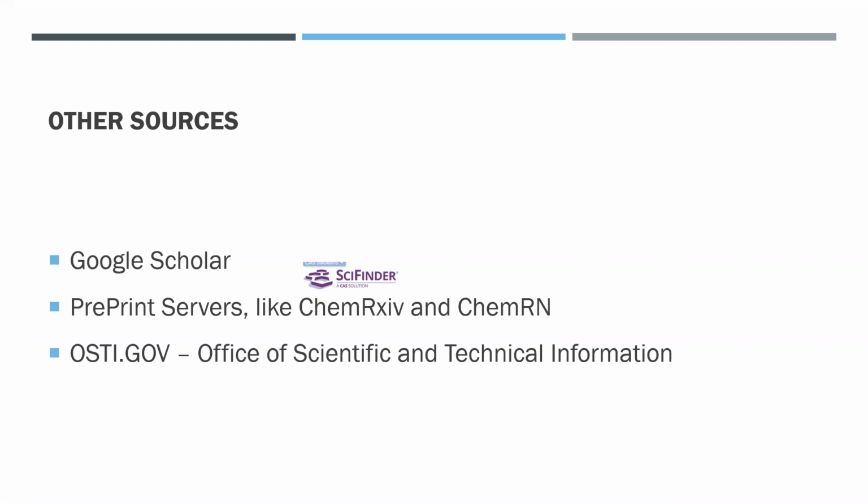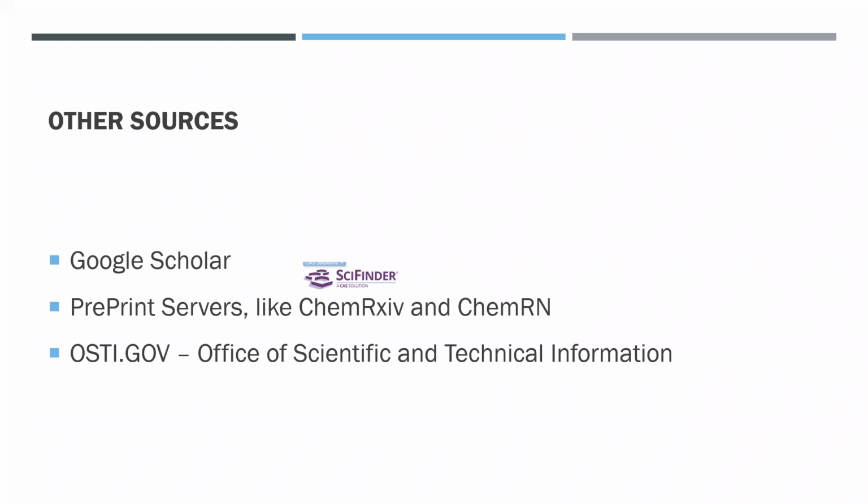Last, you might look at government databases like the Office of Scientific and Technical Information Service. Government information is sometimes included in indexed databases and sometimes it's not. Government information is kind of a unique animal to deal with when you're researching.